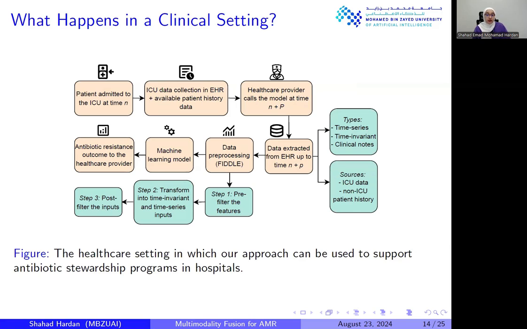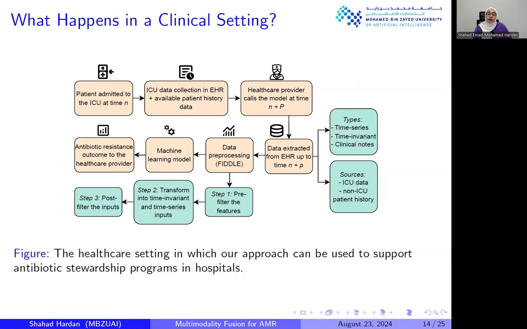Then the healthcare provider wants to know the outcome of the resistance of this patient. So what they do is that they call the model, which is our model, and we extract the data up to the prediction time. We pre-process it using FIDDLE, as we mentioned before, and then we go to the machine learning model. And finally, this machine learning model tells us whether the patient will be resistant or sensitive against a specific antibiotic that we're trying to study.